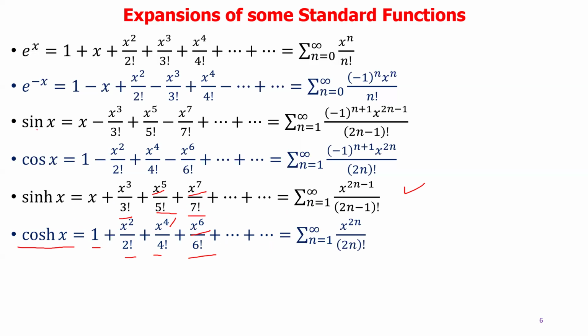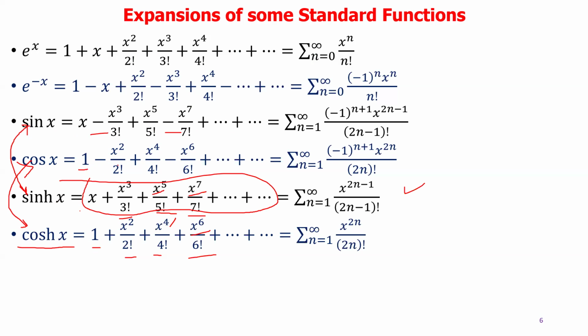If we see the expansion of sine x and sine hyperbolic x, in the sine function we get alternating minus plus minus plus signs, but in the expansion of sine hyperbolic x all terms are positive. In a similar manner, if we compare the expansion of cosine x and cosine hyperbolic x, we again see the same thing: plus and minus come alternately.